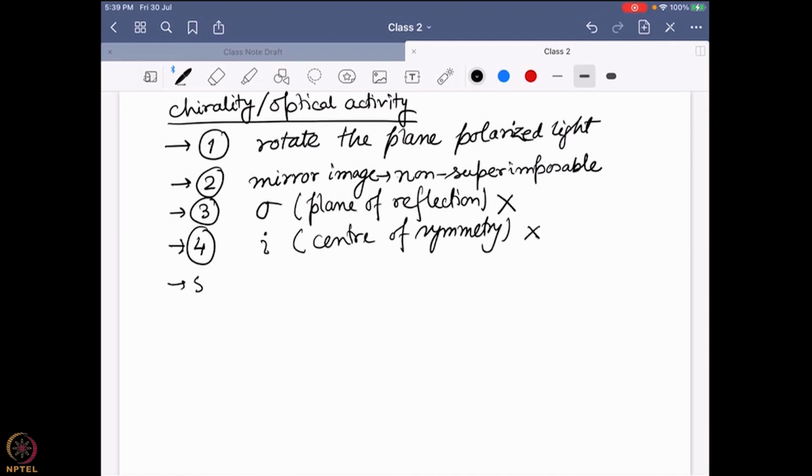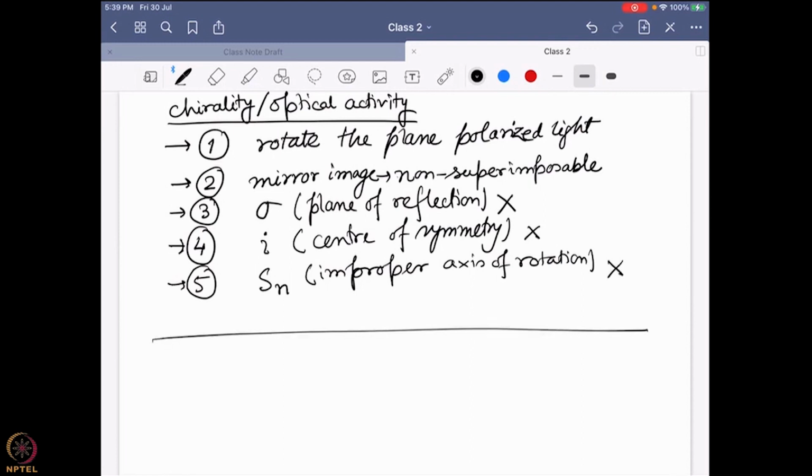And the last definition was your molecule should not contain any improper axis of rotation. So these are the 5 definitions we found that can define whether my molecule is chiral or not.